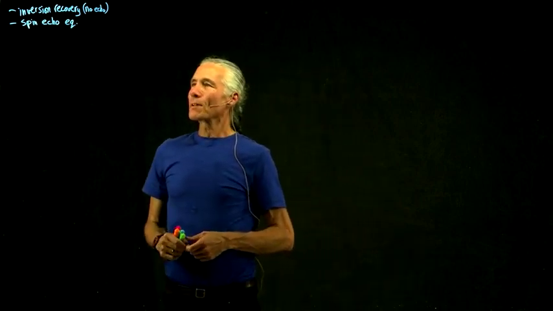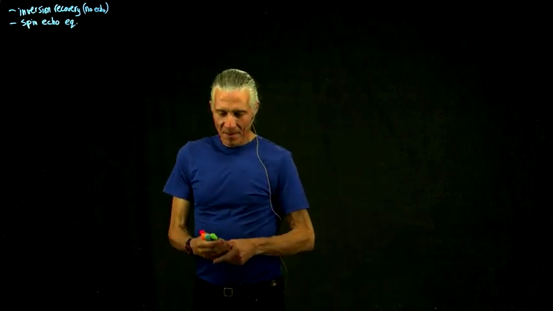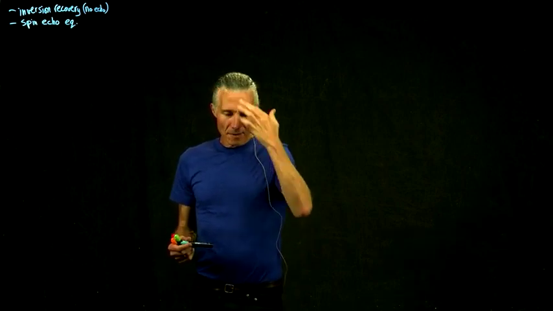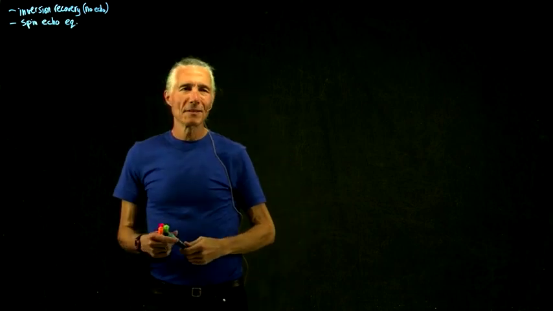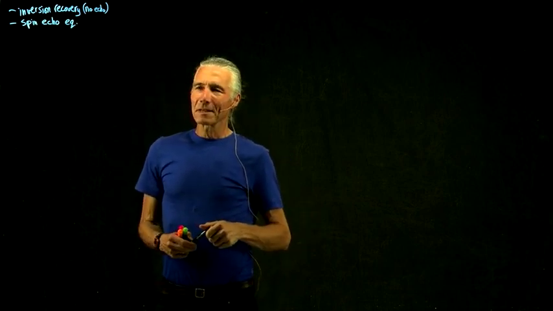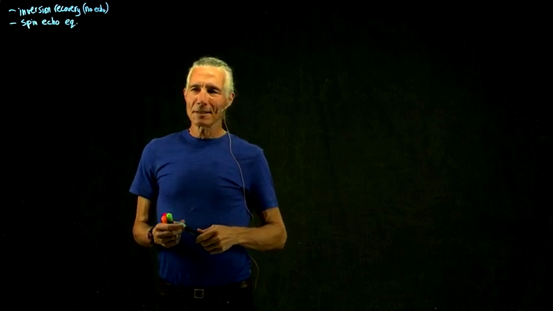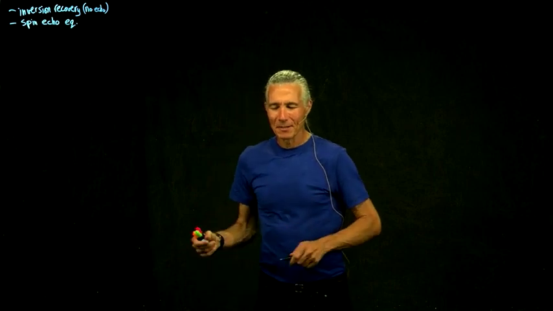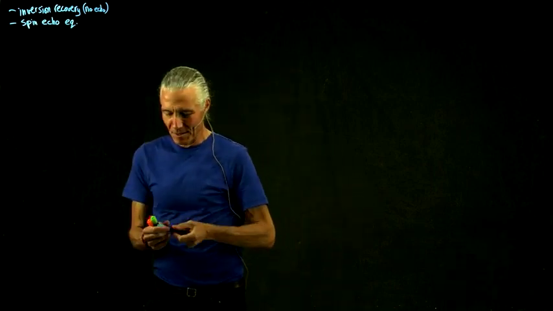So let's start off with inversion recovery. Remember for SpinEcho we did a 90 and then a 180, and inversion recovery is just a 180 and a 90. Why is it called inversion recovery?